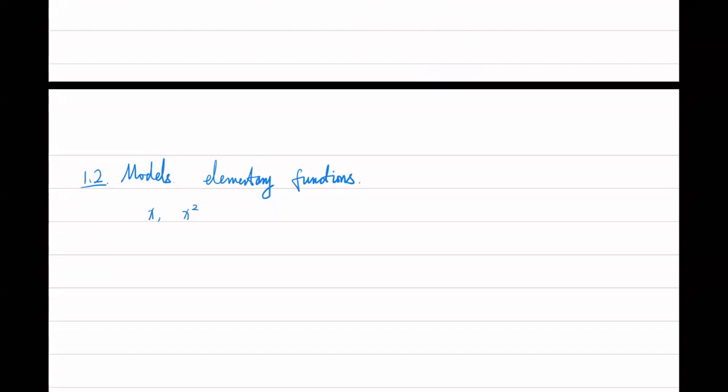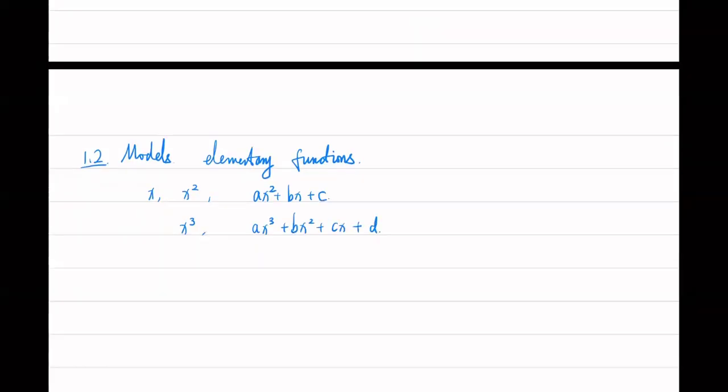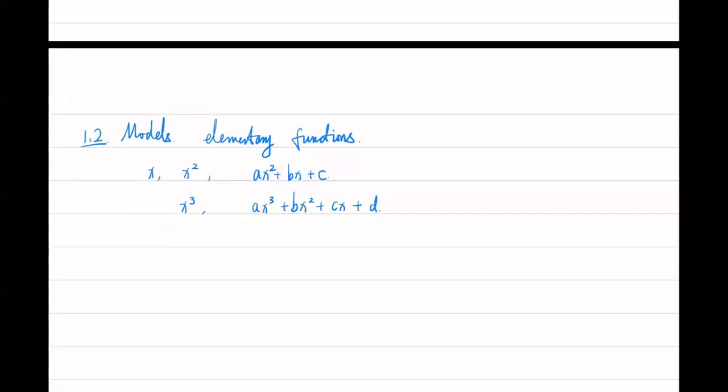And more generally, we have the quadratic function. We can add one more, x cubed. Then we go to the cubic function. Even more generally, we go to all polynomials. So this is polynomials.